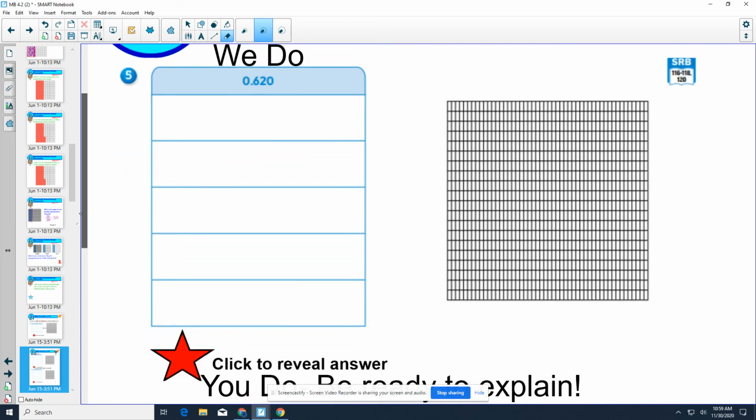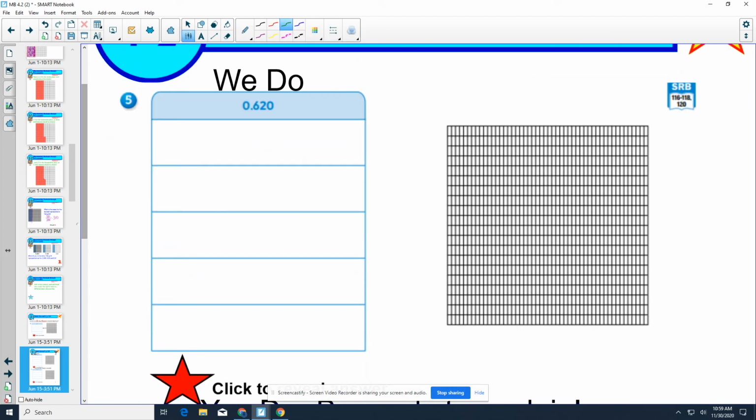Now, we'll do one more here together. So let's see, we said fraction form, so let's do that first. So 620 thousandths.